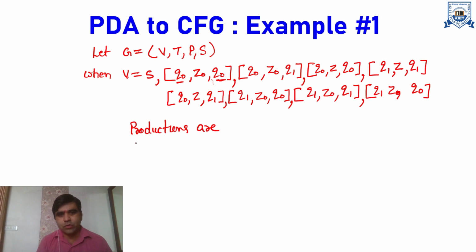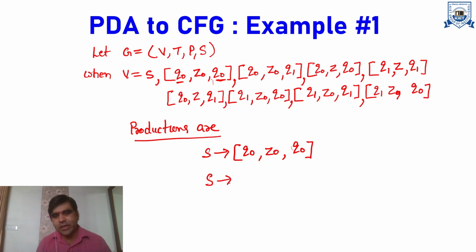The production rules of the grammar: first we'll define the S production. We have said in rule number 1 that Q naught is fixed, Z naught is the initial value, and the last position will take all states. In our automata we have 2 states. So one rule is S derives Q naught, Z naught, Q naught.